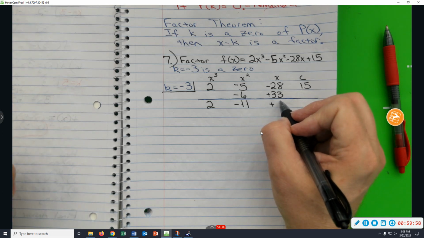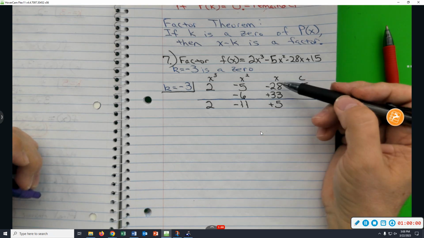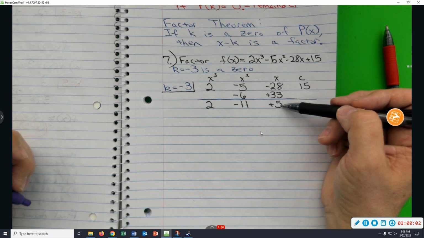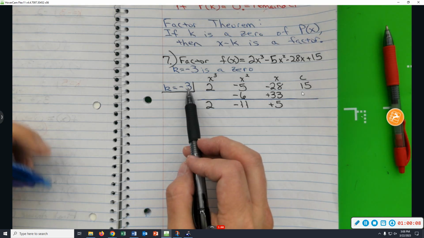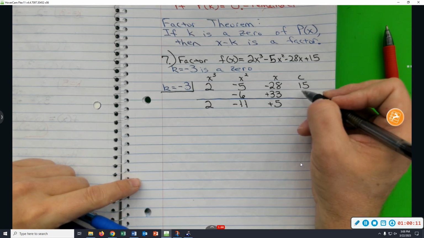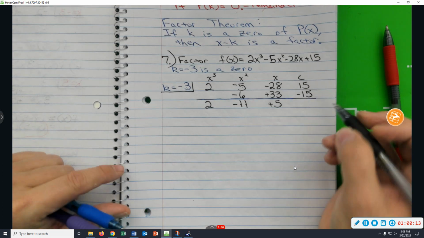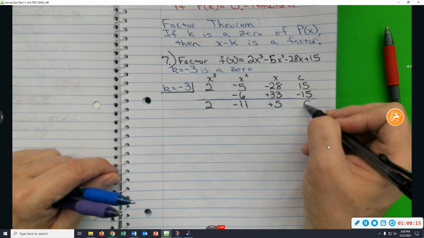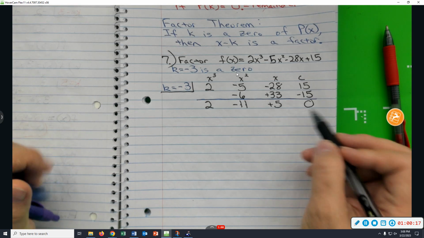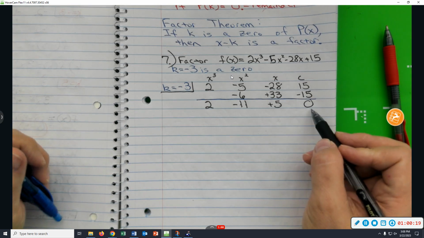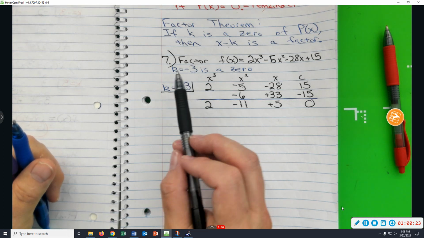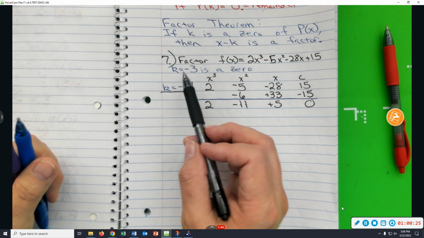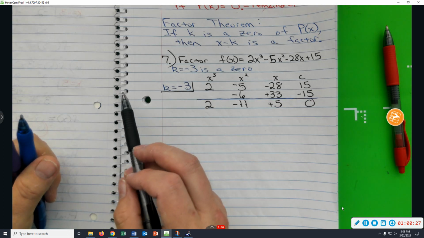Negative 28 plus 33 gives us a positive 5. Then positive 5 times negative 3 gives the negative 15, so the remainder is 0. That's not surprising; it has to be a 0 because they tell us that negative 3 is a 0. To use this factoring process, you have to know a 0.